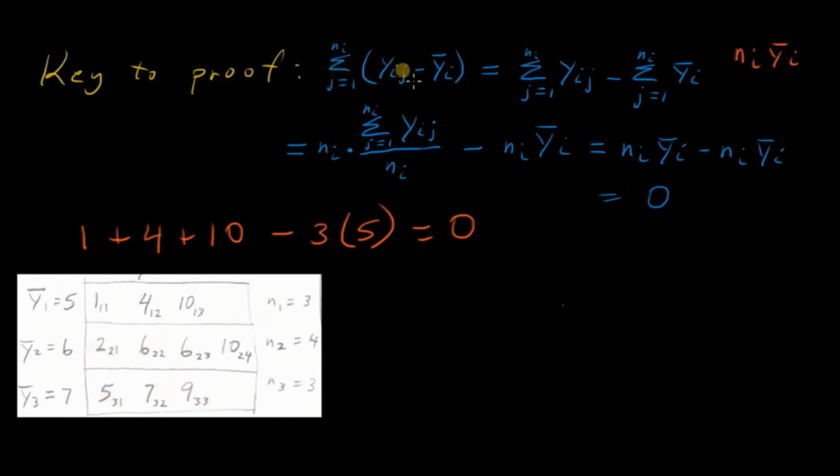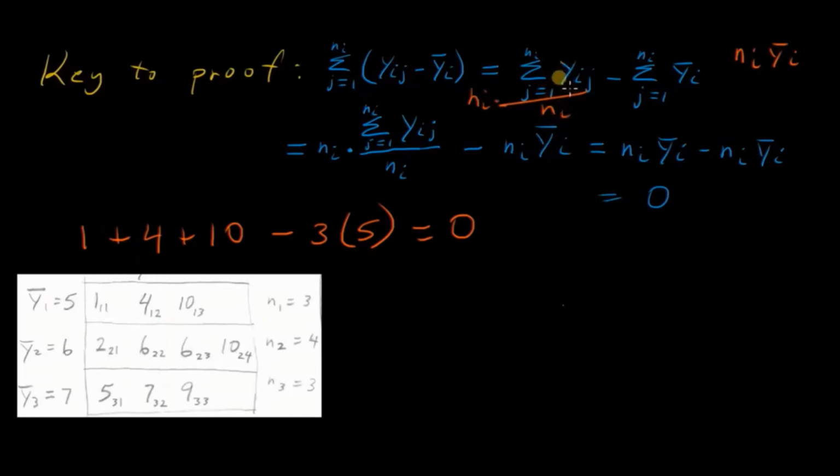Okay, so starting here again, we distribute the summation symbol in front of each term, and then all I did to get from here to a rigorous proof that this is truly equal to 0 is I just did some fancy manipulation here. I just took this thing here and divided it by ni and also multiplied it by ni. So I'm just multiplying this thing by 1.